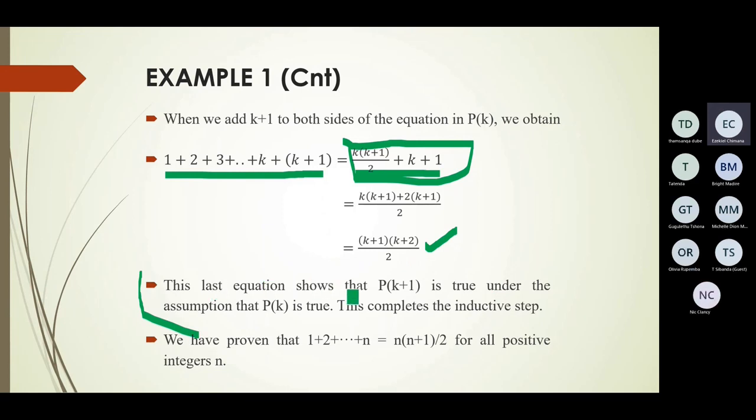So this last equation shows that P of k plus 1 is true under the assumption that P of k is true. So this completes the inductive step. So we have proven that 1 plus 2 up to n is always equal to n times n plus 1 all over 2 for all positive integers n.